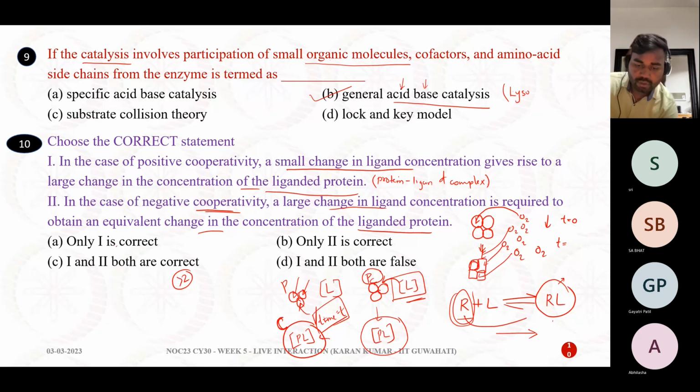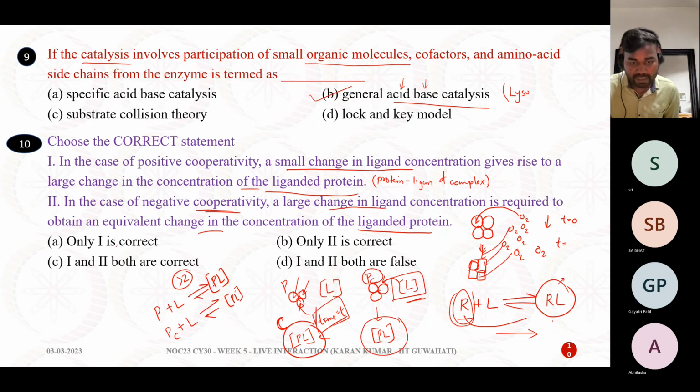So in the normal case, protein plus ligand will give you some concentration of PL. And in case of negative cooperativity, there will be another concentration of PL, which will obviously be lower than this PL, because it is having negative cooperativity.